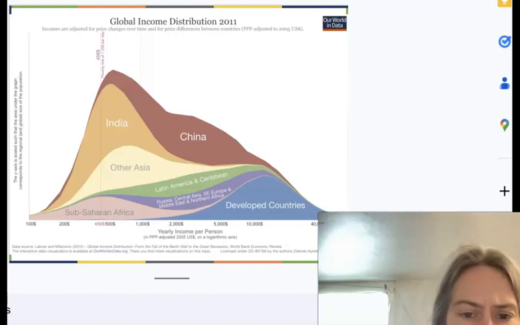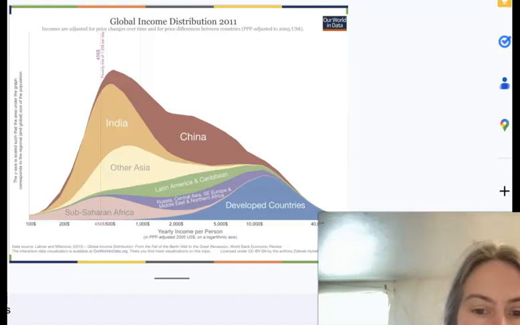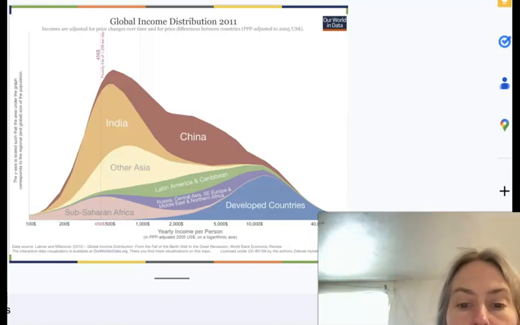I don't know if this is individual or household income. And then the quote-unquote developed countries, which is, I guess, where the United States is placed, has higher incomes, but there's a broad spread. So there are poorer and richer people in the United States. You can't generalize too hard.